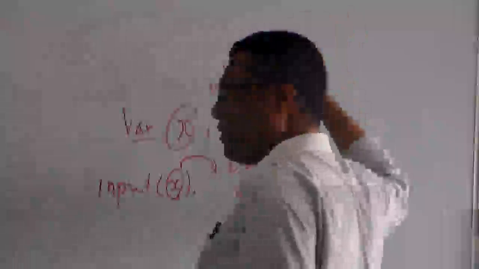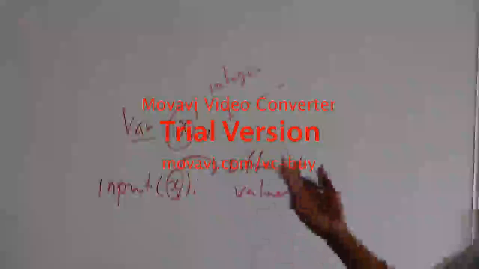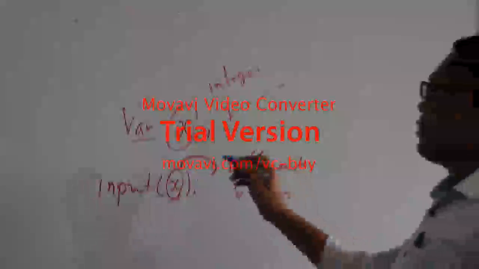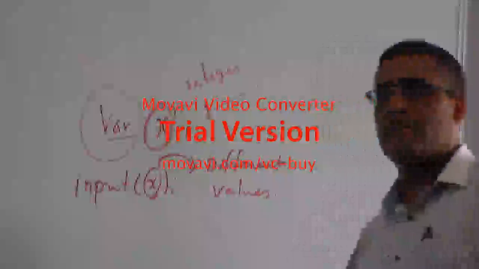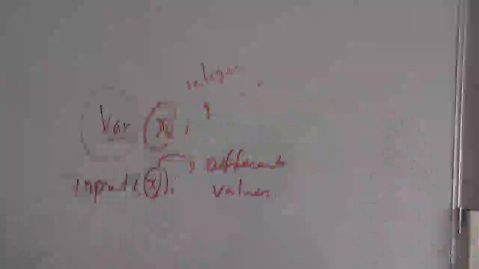For example, if x is integer, then the values could be from 1 until something. 1, 2, 3, 4, 5. So we call it variable because the values of x varies. Means it is different every time.